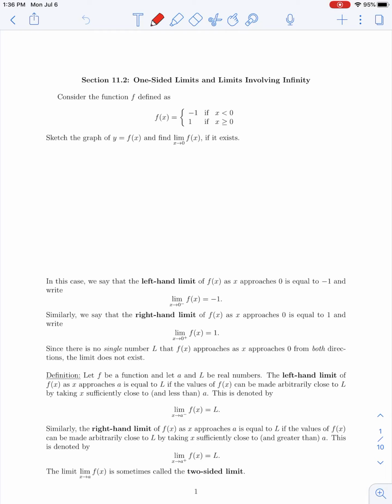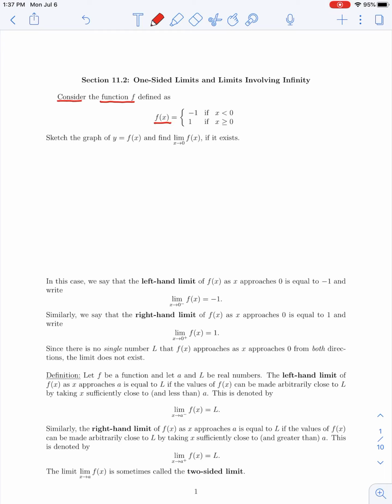So let us, as an example of one-sided limits, consider a problem that we had finished the previous section with, namely to consider a function f, which is a piecewise function defined as follows.